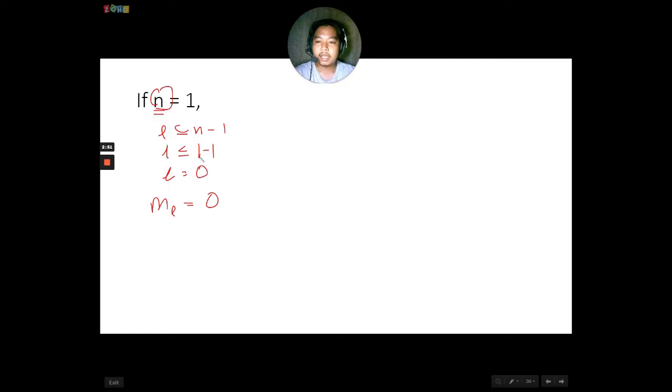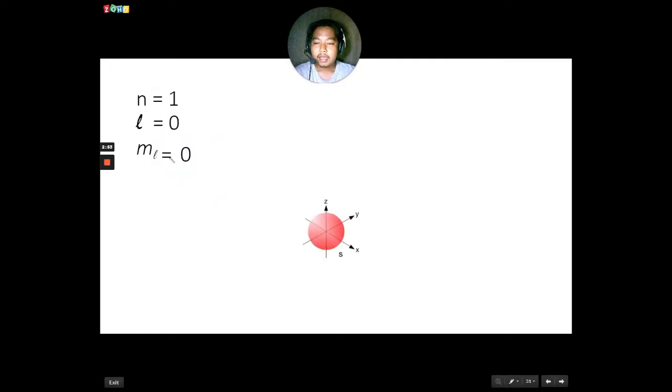So if my n is 1, L is 0, ML is 0, this would be the location of my electron. It would possibly be here. Now what if my n is 2? Again, I'll find first my L, or my angular momentum quantum number, which would be 2 minus 1.